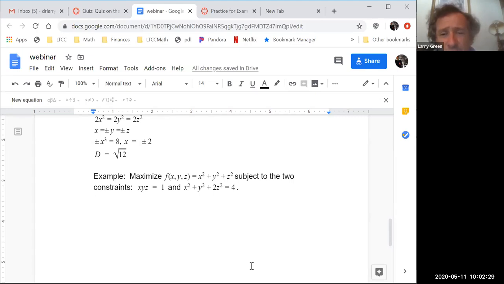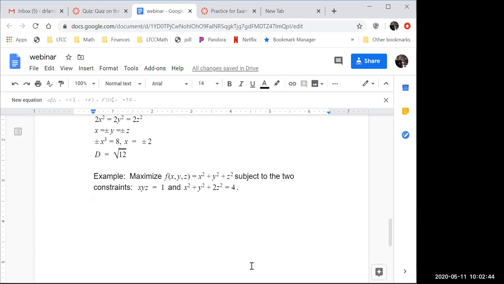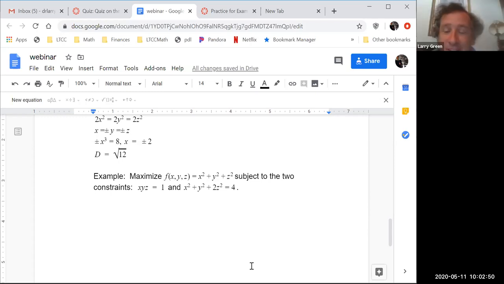So now we have two constraints. So in econ, by the way, the constraints typically are, any guess? Expense and profit, maybe? I don't know. Profit's never a constraint.